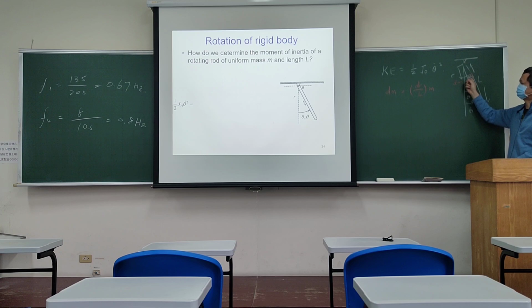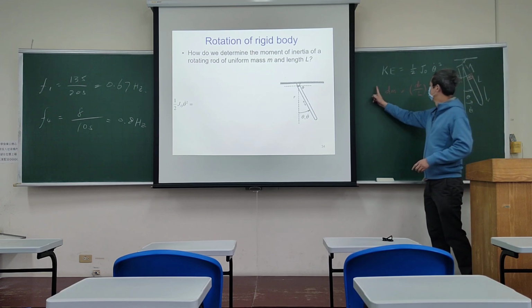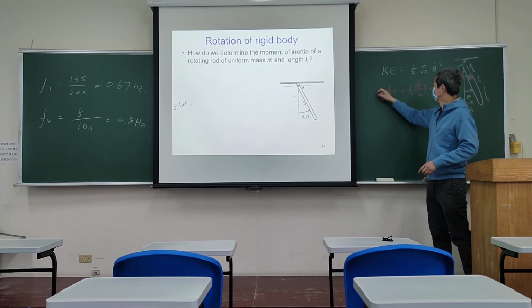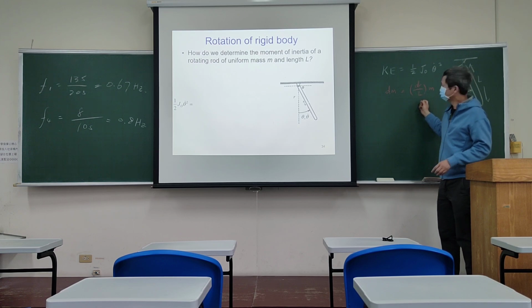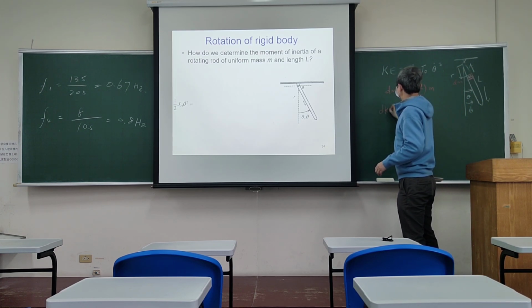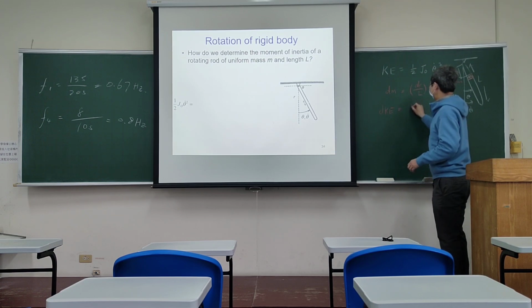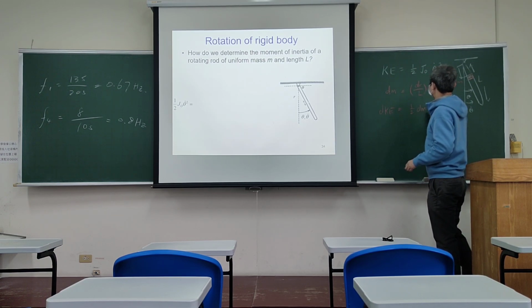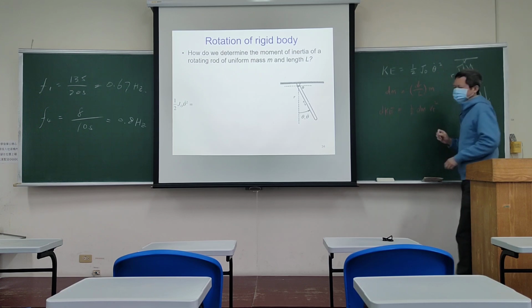This is the subject we're looking at. Accumulations of these will give you the total mass. And of course, you can also write the small kinetic energy for this piece. So it is half dm times the tangential speed squared.